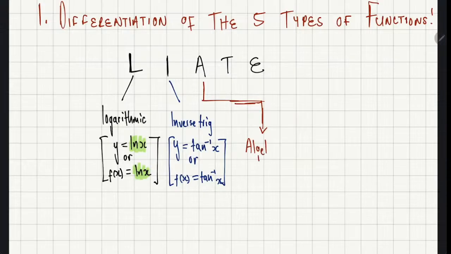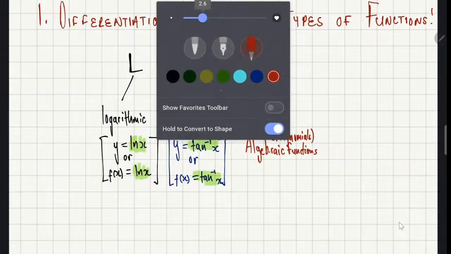These are the ones you did for P1. Algebraic functions are also called polynomials. In P1, all of you did these. You did polynomials only. You never saw ln x. You never saw tan inverse of x.